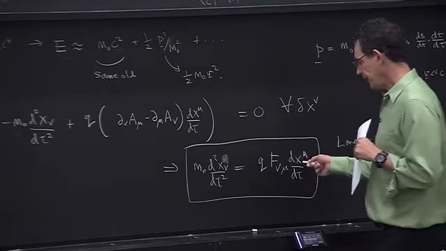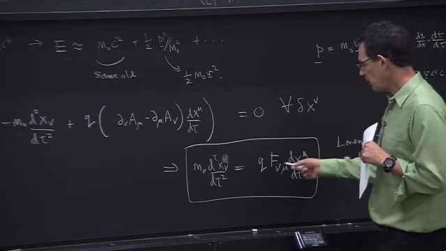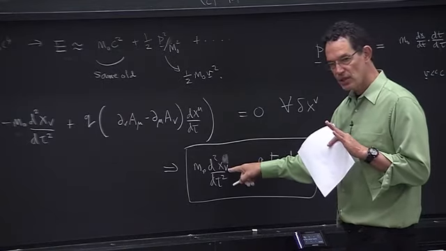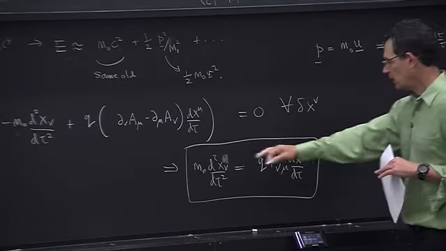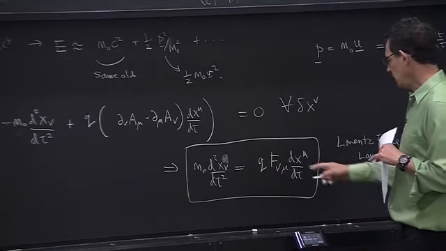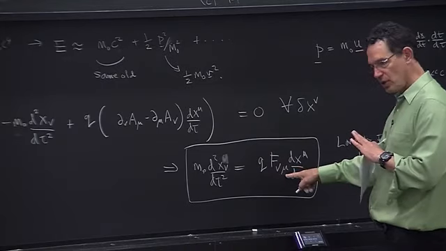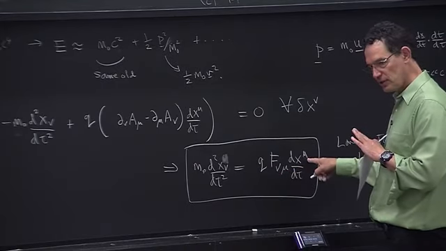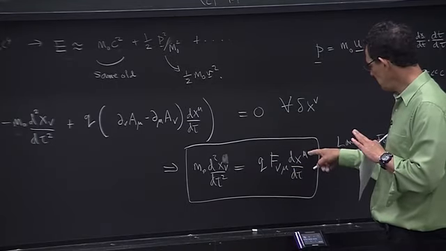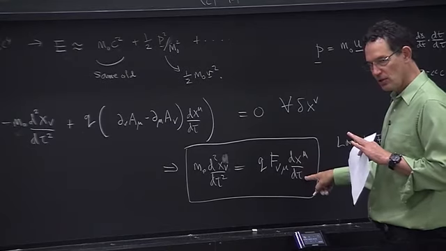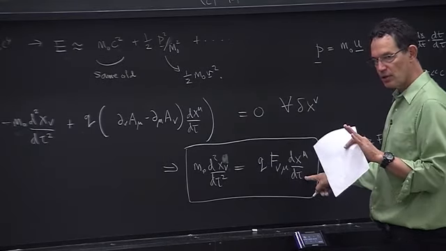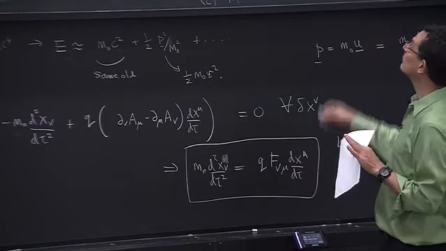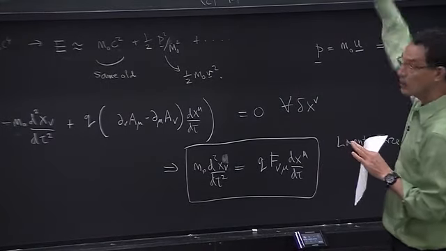Because when I look at the spatial indices here, if nu is i, I'm going to get something like m a, and F i0 is the electric field, but dt d tau is nearly 1 if the velocity is small. If the velocity is small, dt and d tau are nearly the same.